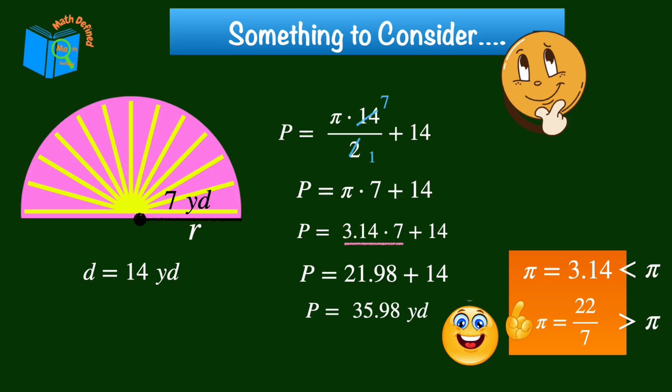Both values are commonly used approximations of pi in middle school math, but depending on the numbers you're working with, one approximation may make the math easier than the other, as we saw in our previous examples. But both are close enough for most practical purposes. Just be aware that depending on which one you use, your answer might vary a little, but both will be close in value.